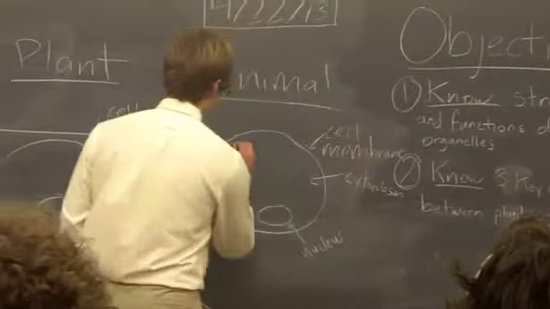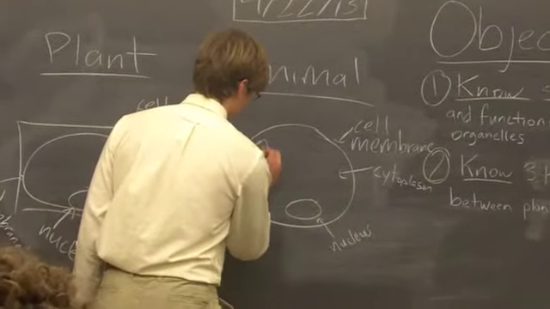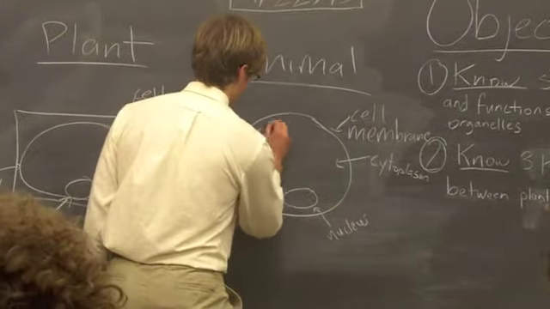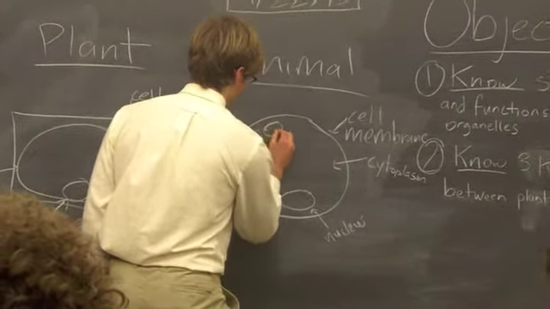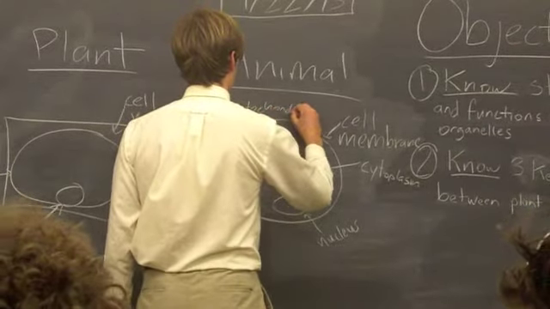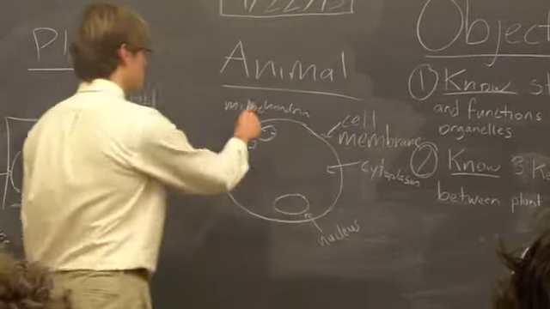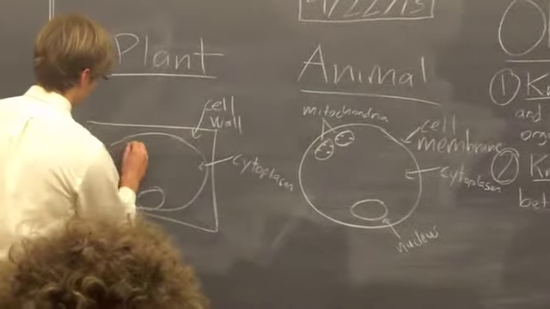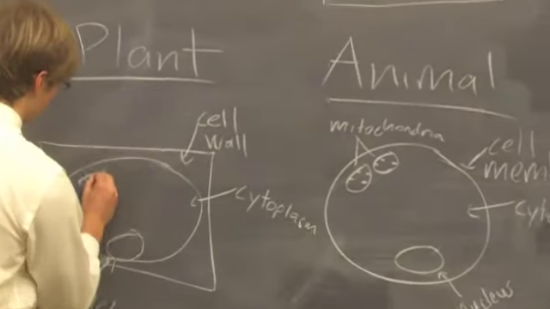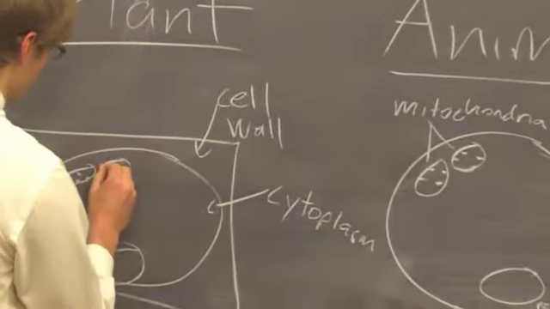Now next, all life requires energy, right? So something known as mitochondria in both the animal and plant cells. It should be noted that mitochondria is the plural for mitochondrion.